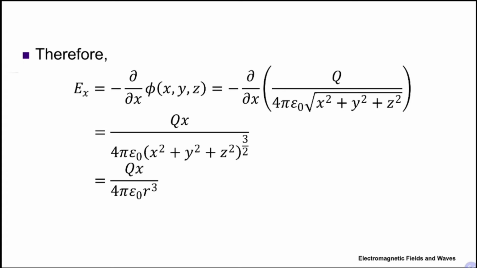Then we can do partial derivatives for each individual component of the electric field. E of x, we're basically doing the partial derivative with respect to x of that potential. Partial derivative means that we treat y and z as constants.